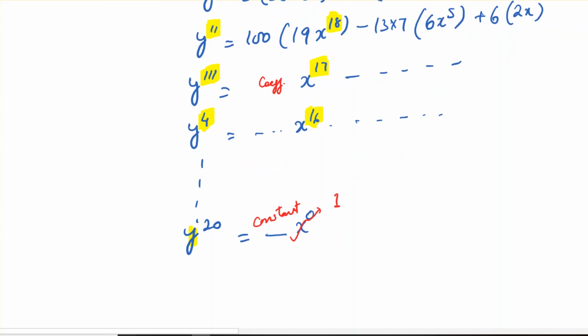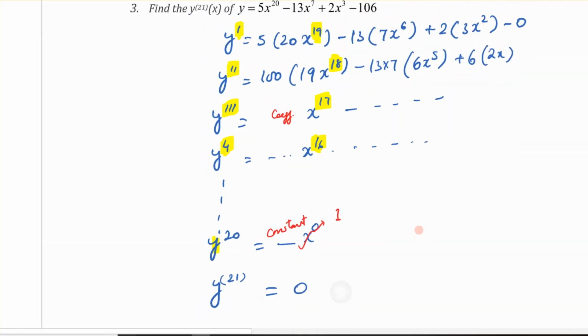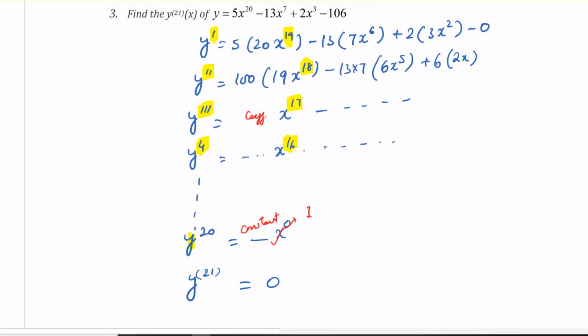And when you take the 21st derivative, y 21st, that would be 0, because you are taking the derivative of a constant. So thus, just by noticing the pattern, we can find the 21st derivative of y. So that would be 0.